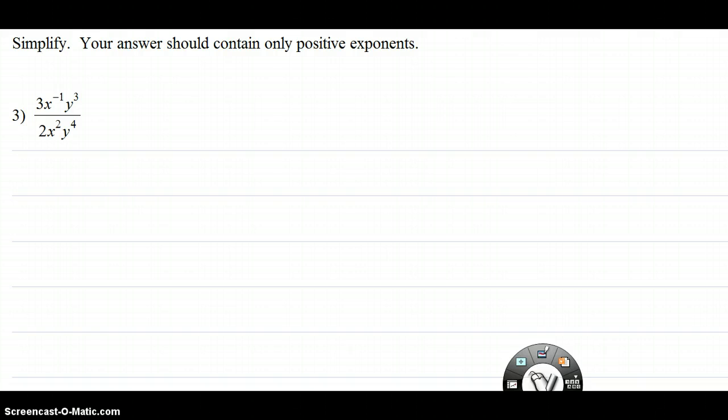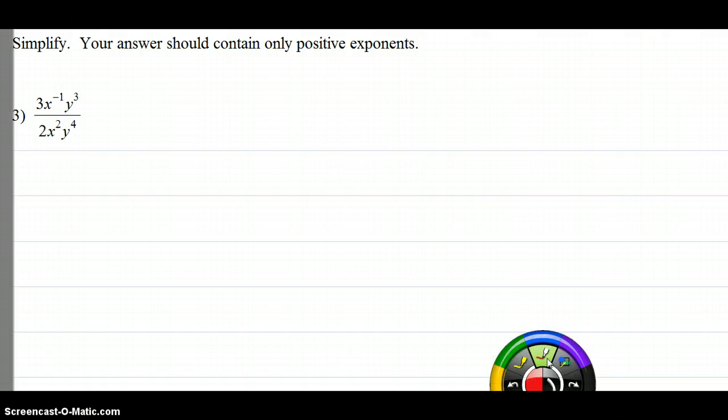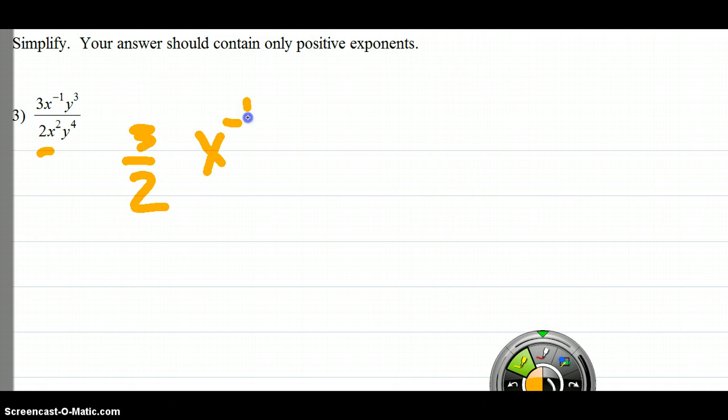The hardest one sometimes is our division problem. So think of numbers first, so you can't reduce 3/2, so 3/2 would just be in your answer. Power over power, x to the negative 1 minus 2 would be x to the negative 3.